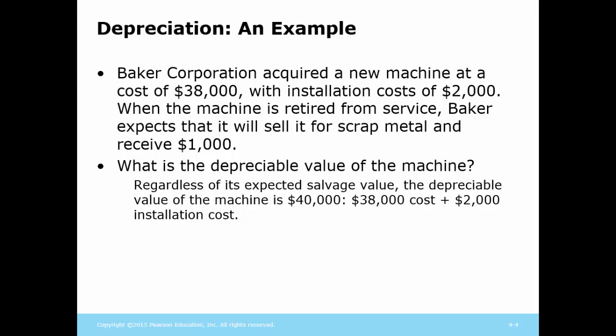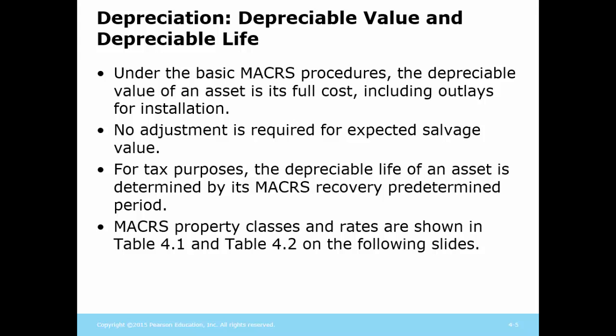Well, regardless of whatever its salvage value is, it's not part of the MACRS calculation. The depreciable value is $40,000. The formula for depreciable value is the cost plus whatever it costs to get the asset up and running. So in this case, $38,000 plus $2,000.